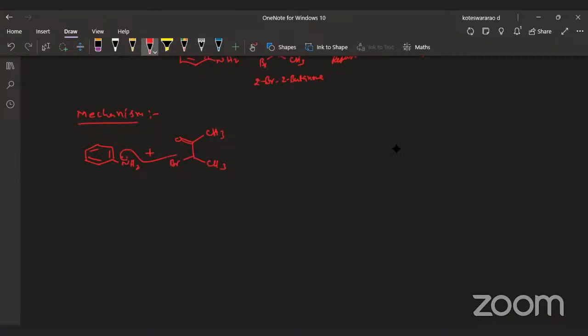This will be donated to this here because it is the highly polar bond. It is ready to leave as a bromide ion, as HBr. This reaction is carried out in the 2N HCl, therefore it is eliminated as HBr.